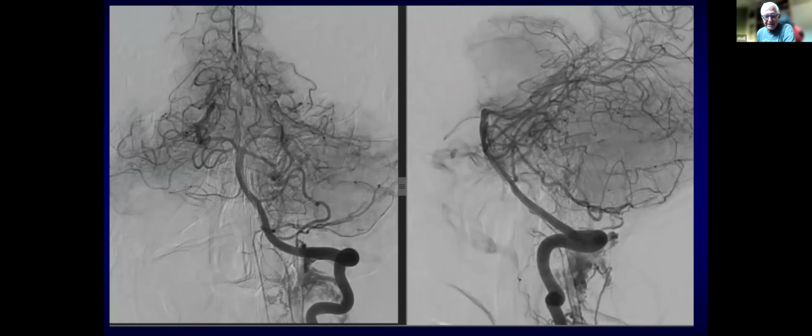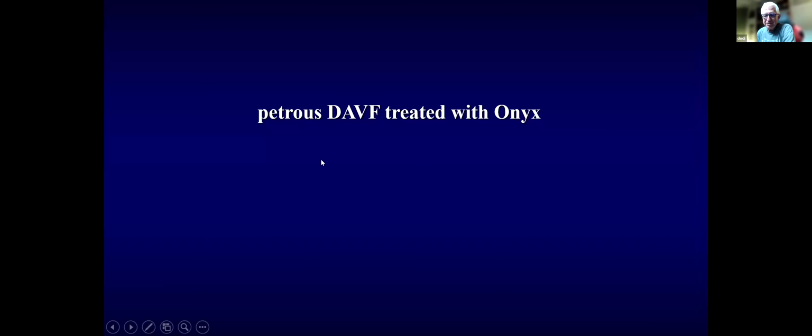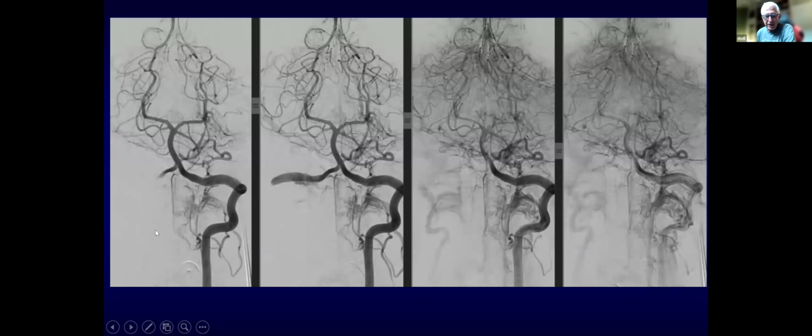And again, with the same pial contribution to the fistula there, but also with the same epidural AV fistula below on the cranio-cervical junction. The petrous fistula was treated with onyx, and now last week, 15 months later, we are in this situation.